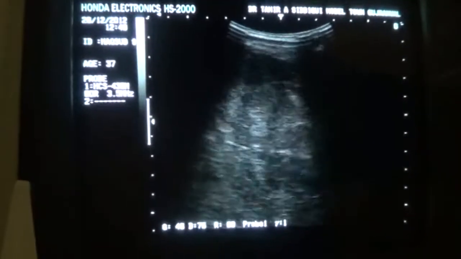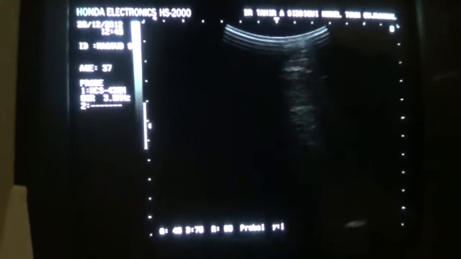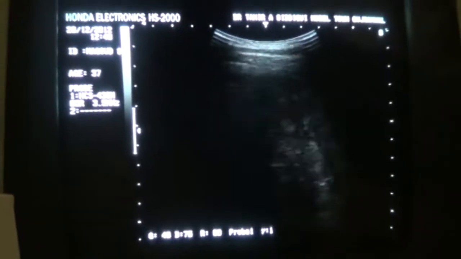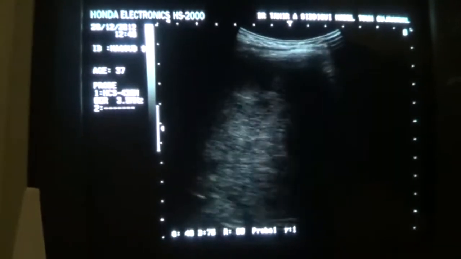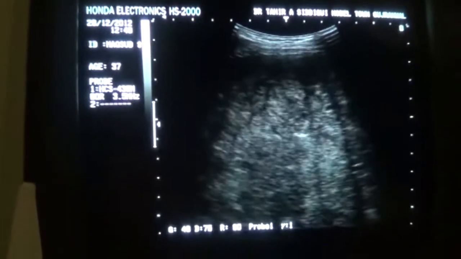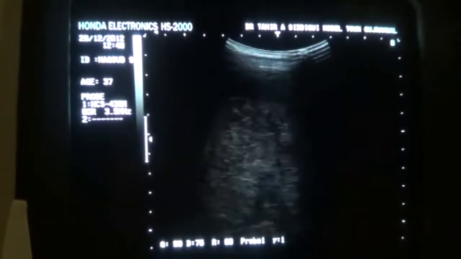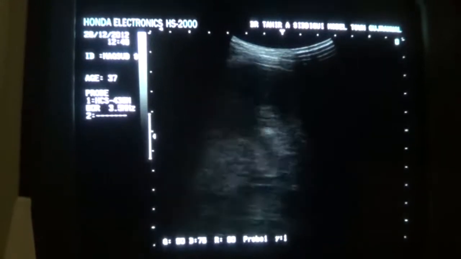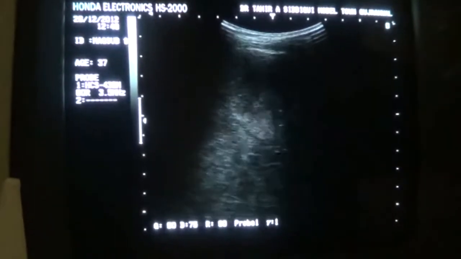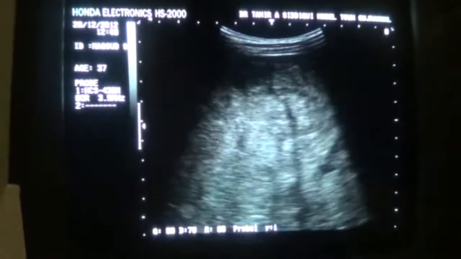with hepatic veins seen running within this mass. Again, see the configuration of this mass.